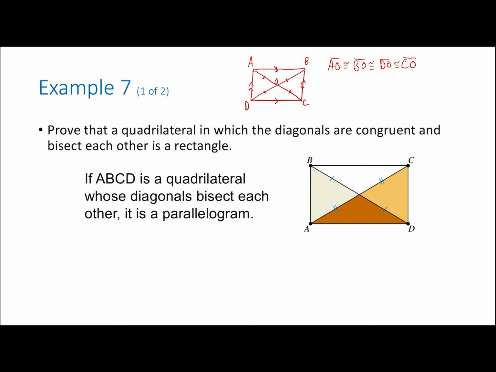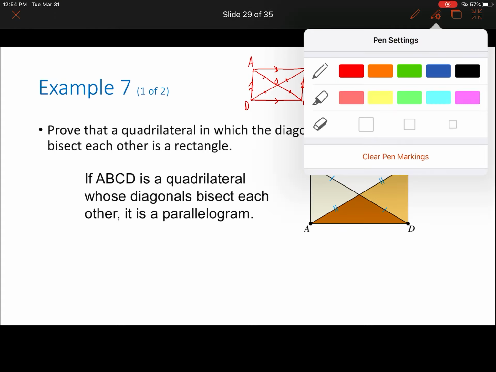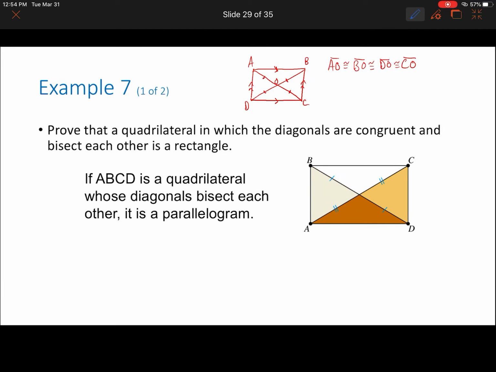If the diagonals bisect each other, by our definition of a parallelogram, this side has to be parallel, and then also this side has to be parallel. Use my sketch here at the top. If that is true, then segment DB is a transversal, and AC is also a transversal.